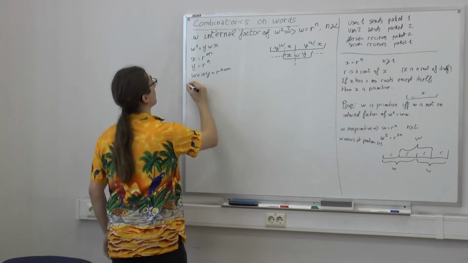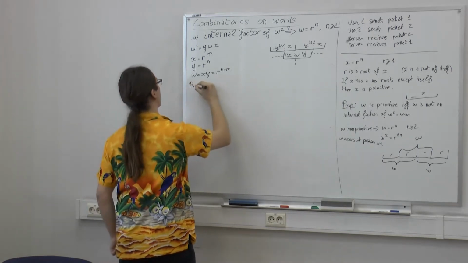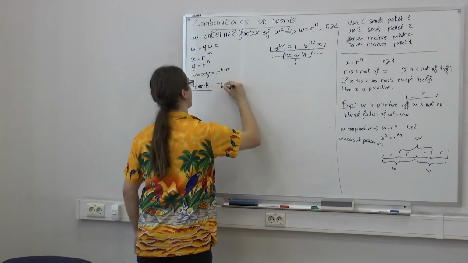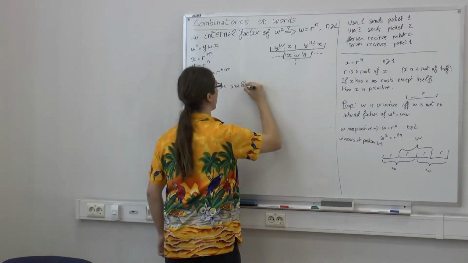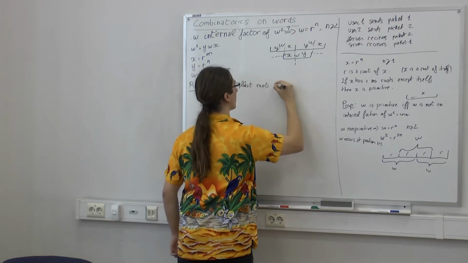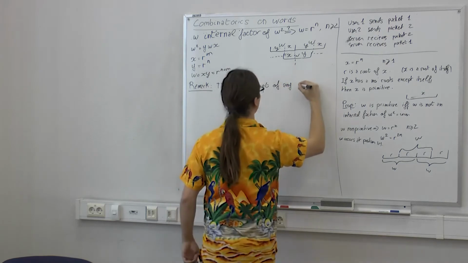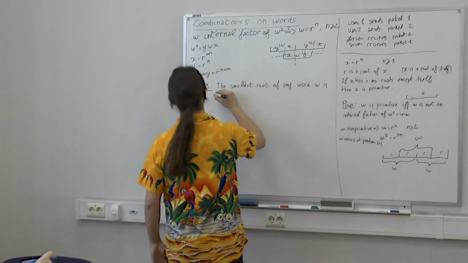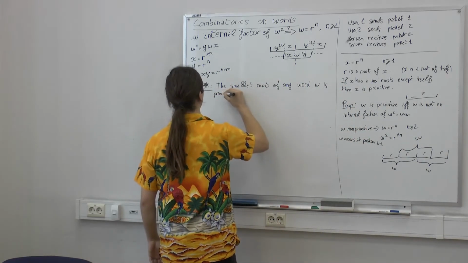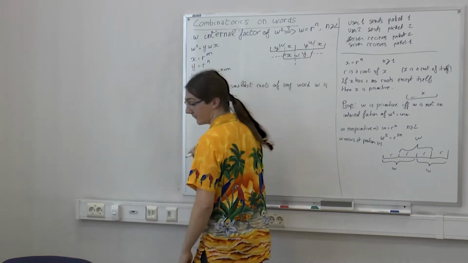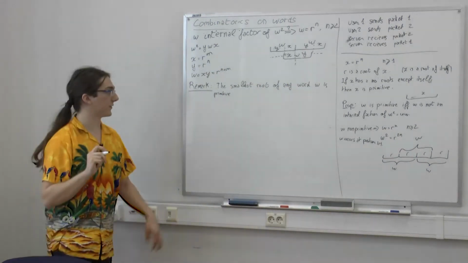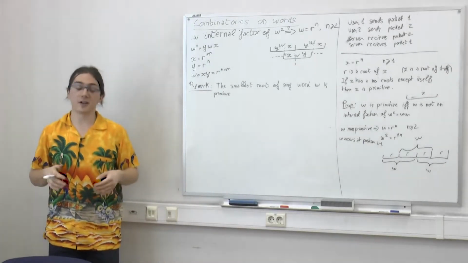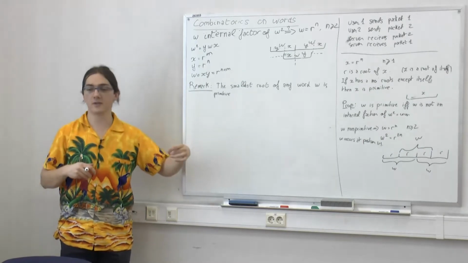And you have a remark. The smallest root of any word is primitive all the time. For now it's not very complicated, because what I'm saying is that the relation "is a root of" is transitive.